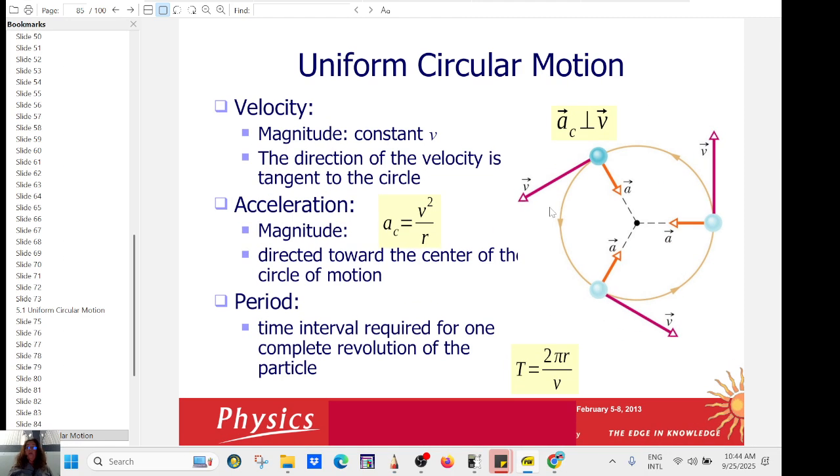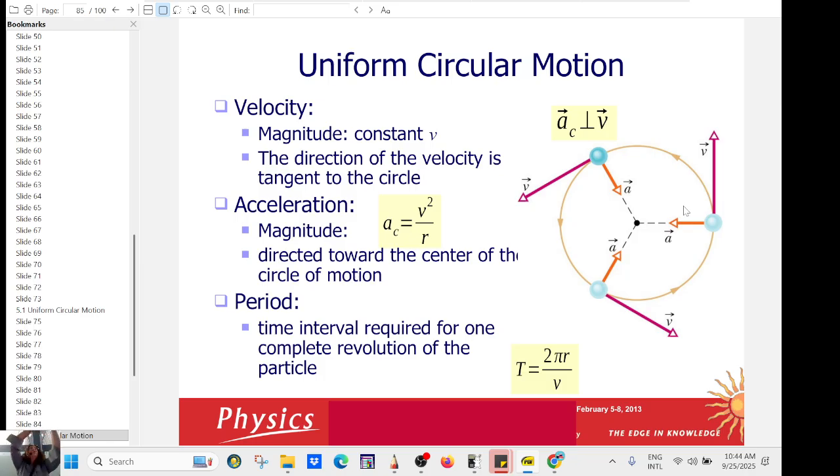Okay, so here we have a uniform circular motion. Uniform meaning there is no speeding up or slowing down. So it's moving at a constant speed, but there is an acceleration because the velocity is constantly changing direction.